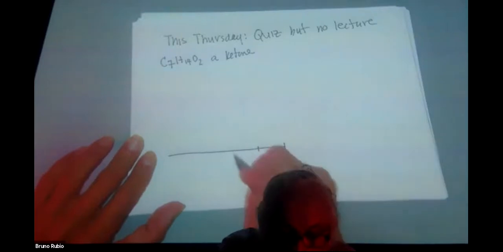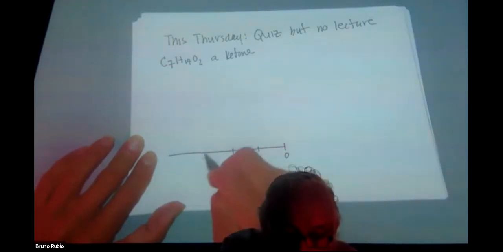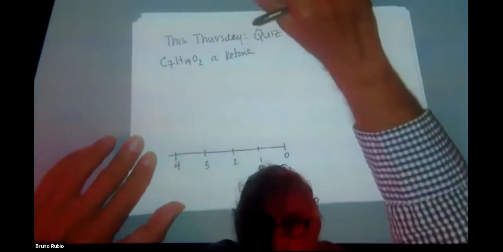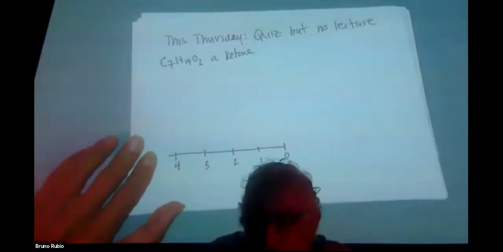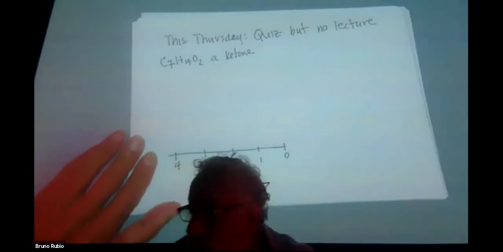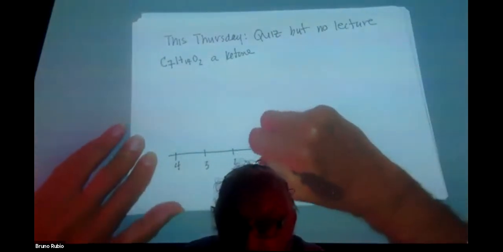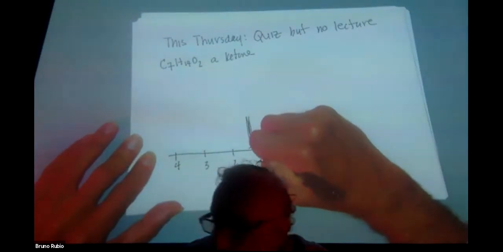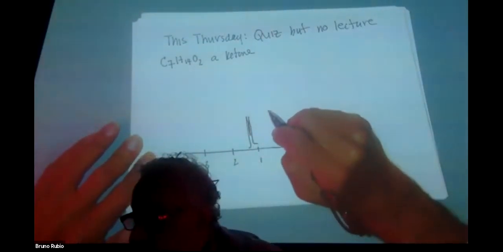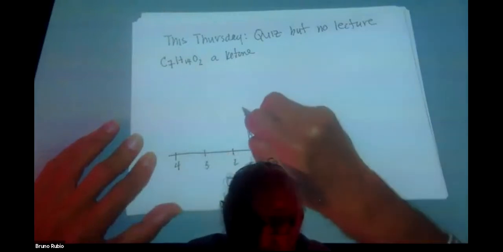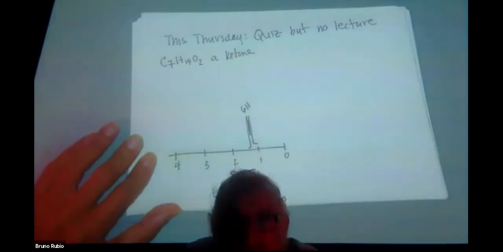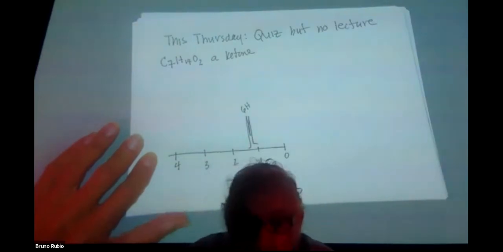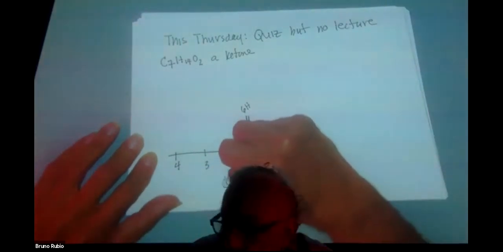All of the peaks are between 0 and 4 ppm. Okay, and at about 1, we have a big, huge doublet. And this is worth 6 hydrogens. That's the integration that's telling you how many hydrogens are giving rise to that signal.